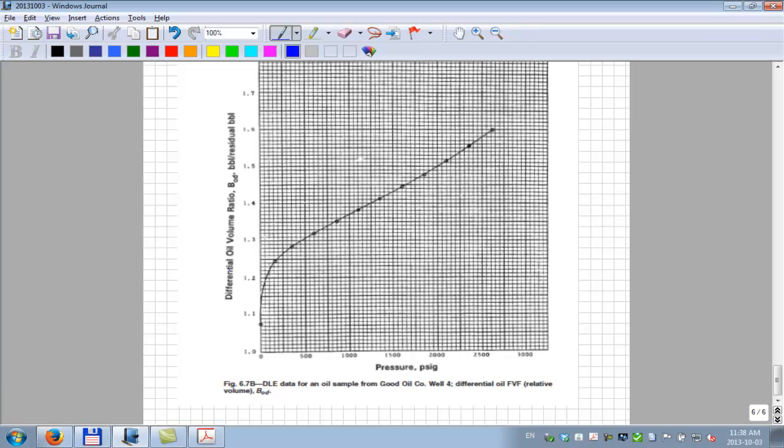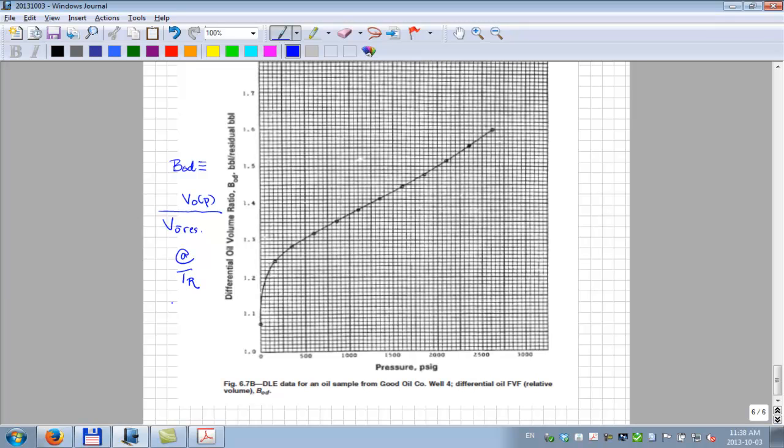As we talked about, this thing here represents oil volume at pressure divided by a constant residual volume. Okay, that's the BOD. But all of these points are at what temperature?